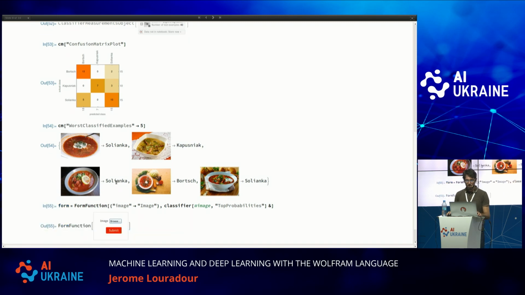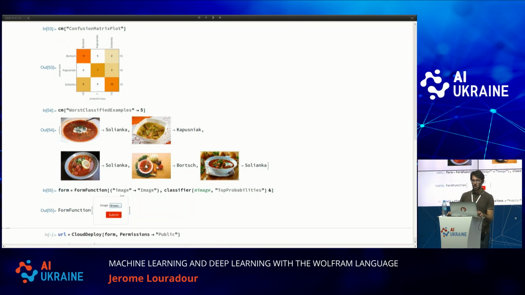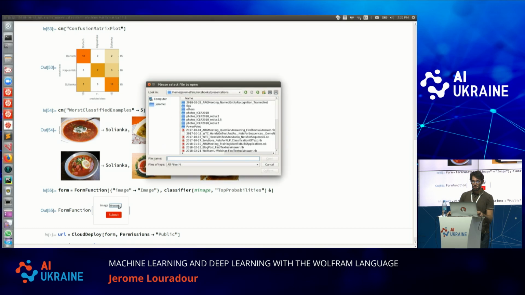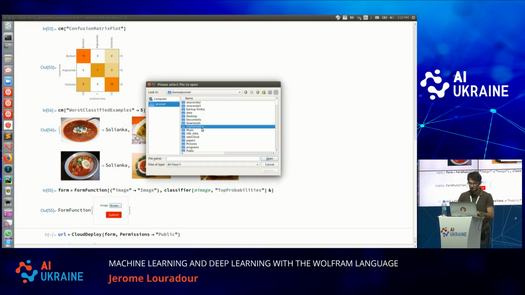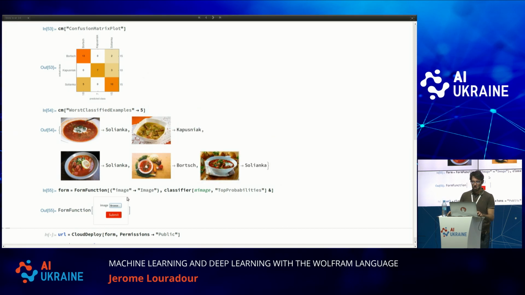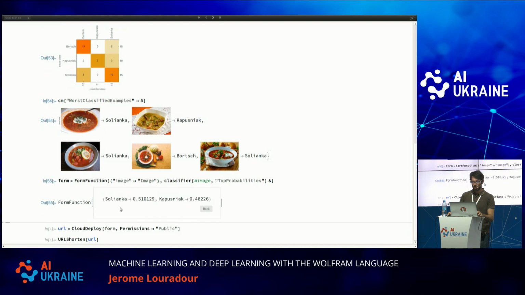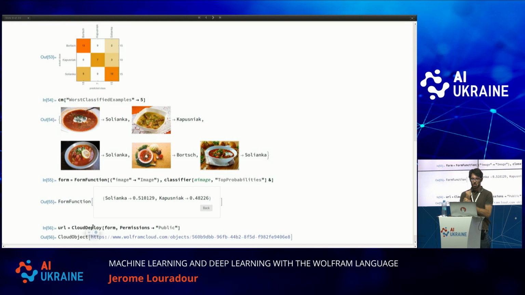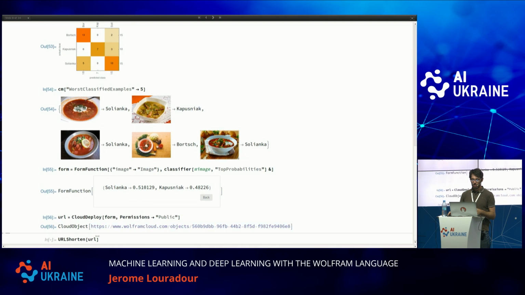After that, I'm defining a function where you can apply your classifier to an image. I'm not in the right folder, sorry. We didn't see the image, but let's deploy it. Here I'm going to deploy it in the cloud, and it's going to generate a URL like this.